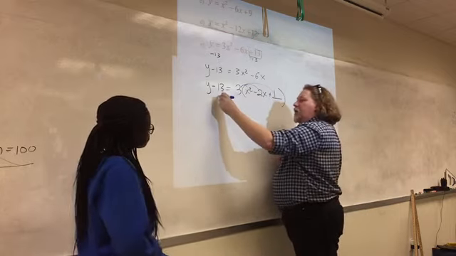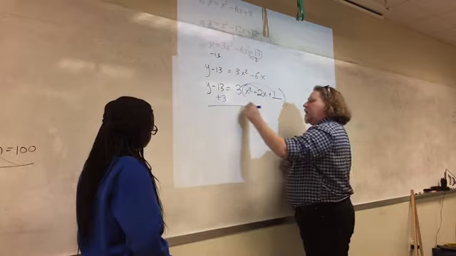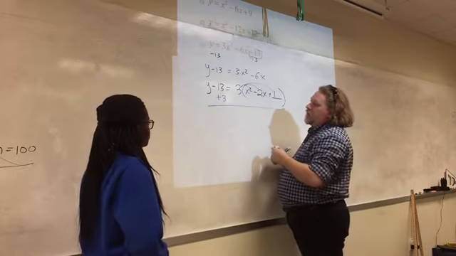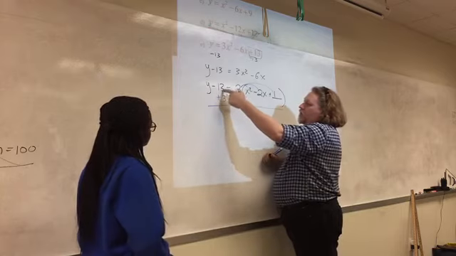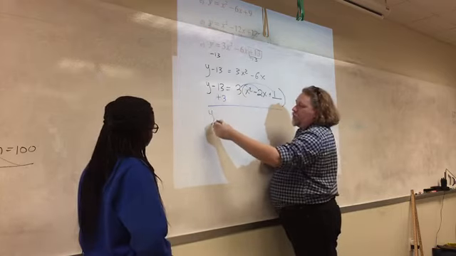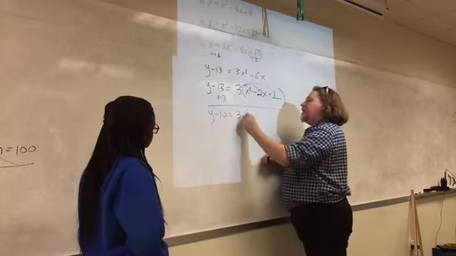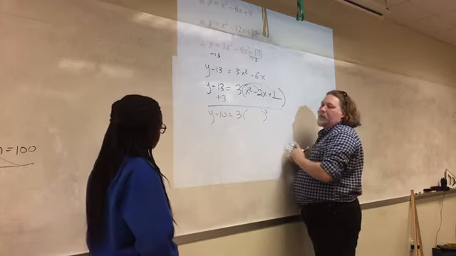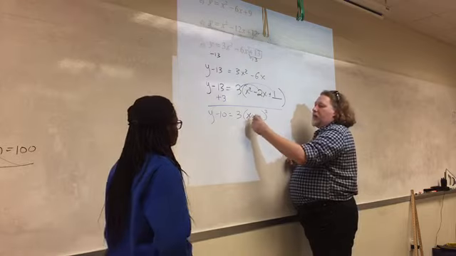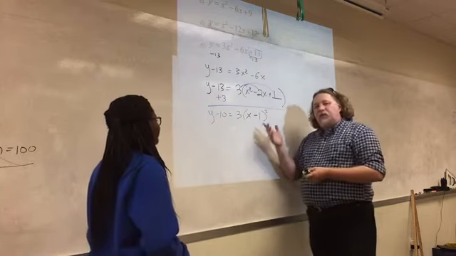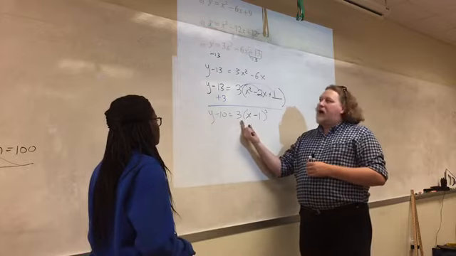So to balance the equation, we have to add 3 here. And so now what we have is y minus 13 plus 3 gives us y minus 10 equals 3 times the perfect square of x minus 1. Yes. There we go.